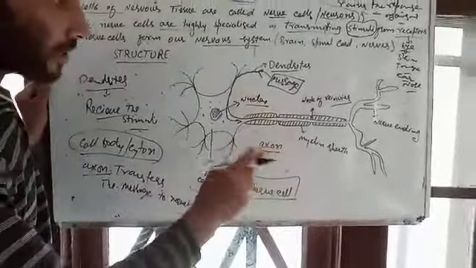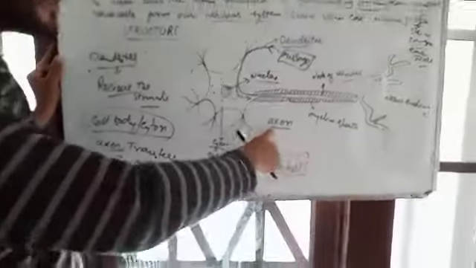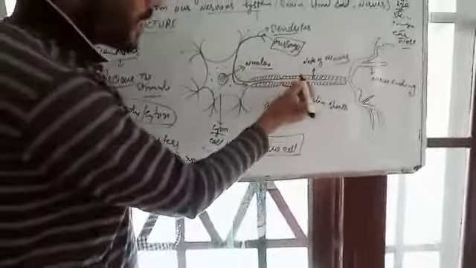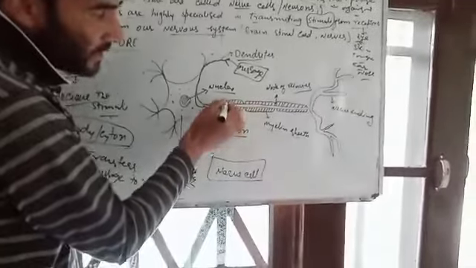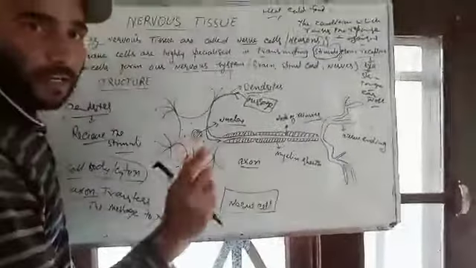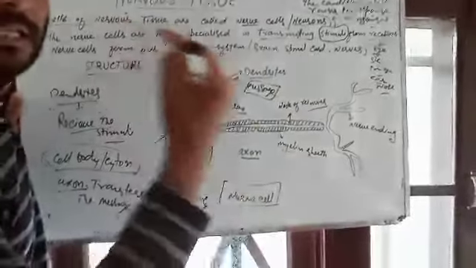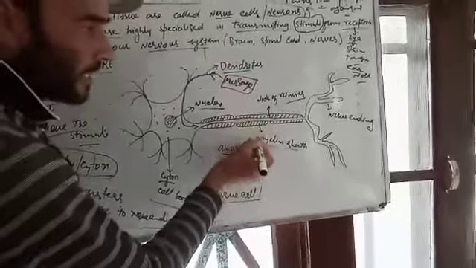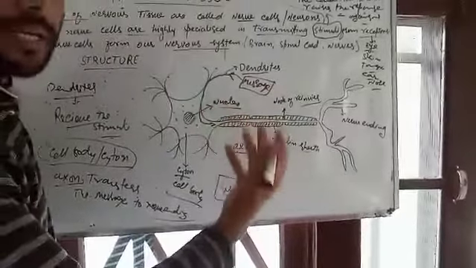That means the function of the axon is to transmit the message. But the axon is covered by a covering known as the myelin sheath. It is a type of insulating material, like a wire which is covered by polythene, or you can say plastic. The wire runs through it. Like that, the myelin sheath covers the axon so that it cannot lose the message.